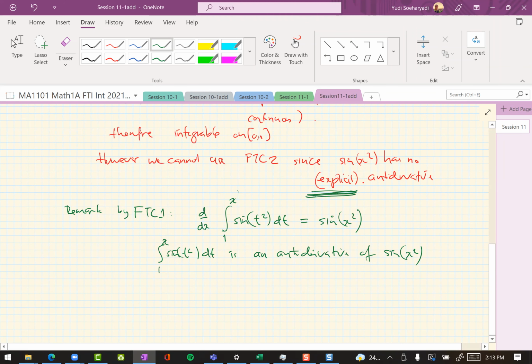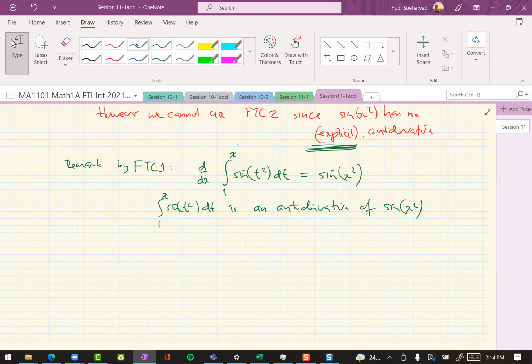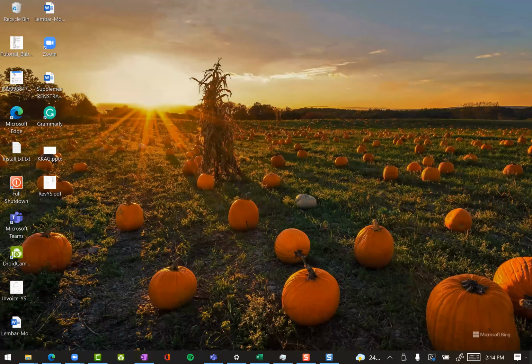All right, so let's do some approximations, because you know from the beginning that one of the philosophies of calculus is that if you cannot find the exact thing, then you try to do some approximations.